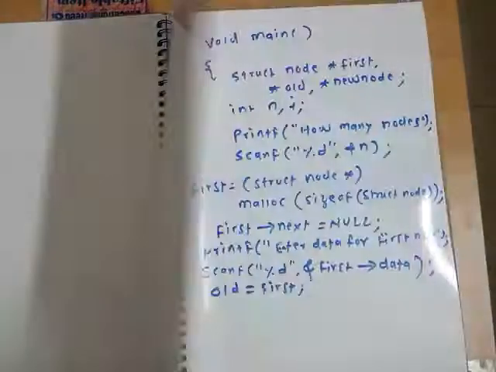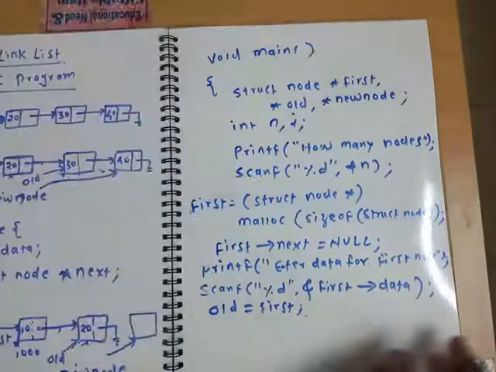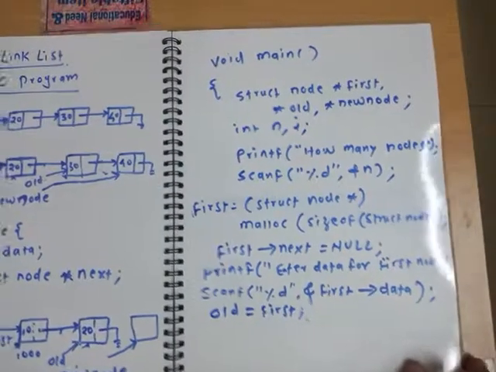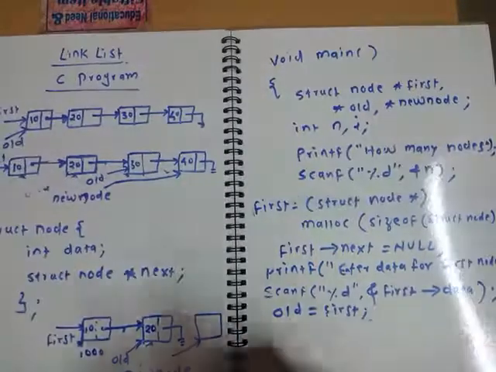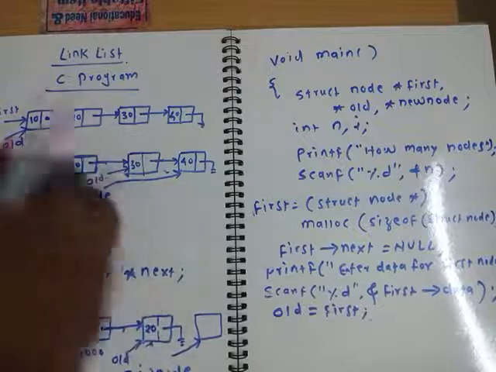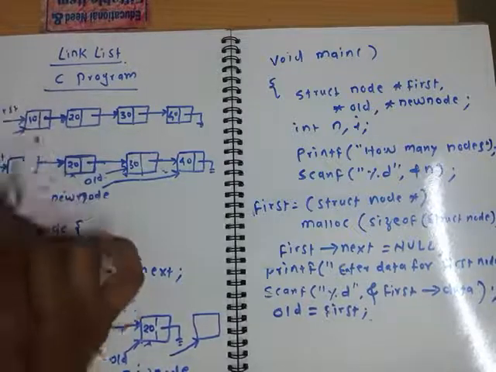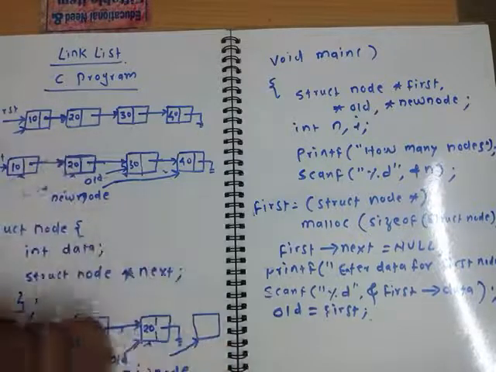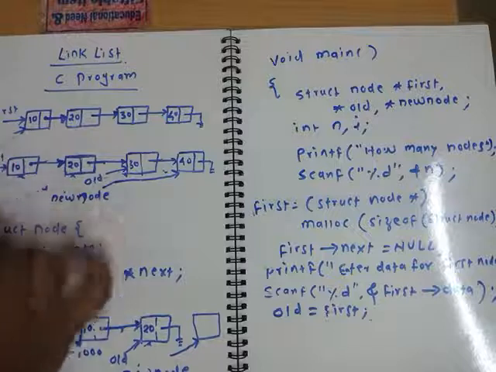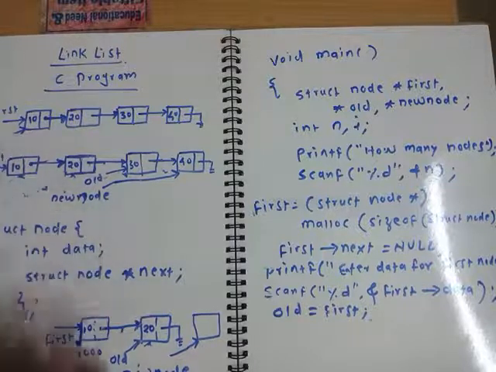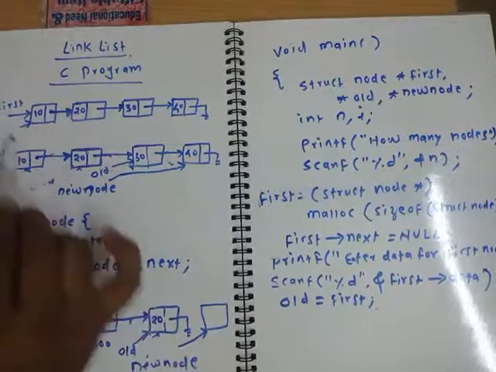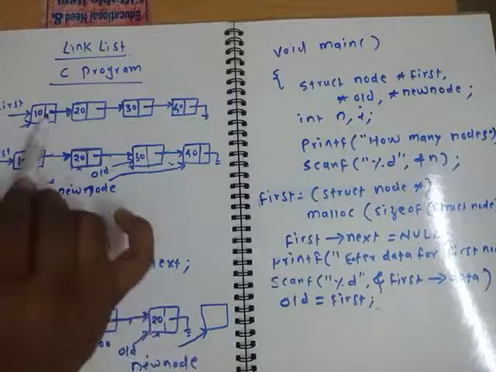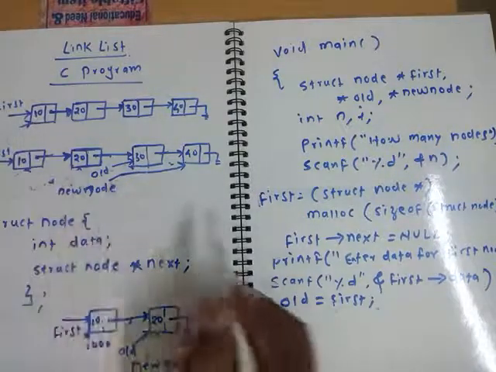Let us just see one more time what we did. The linked list, we said, looks like this, right? To create this linked list, we need a structure, because this node is a structure type node with two parts, data and next pointer, right?